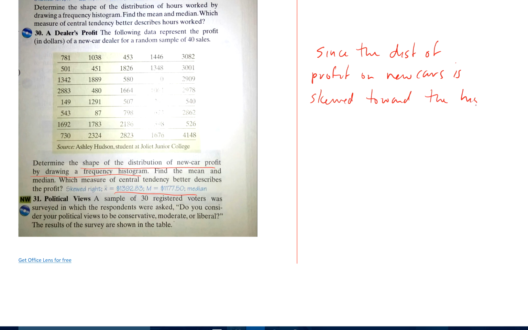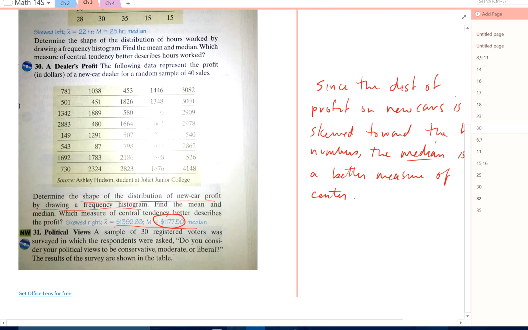Better is one word. And there's your median. Okay, there you go. That's it, and we will see you on 3-2.